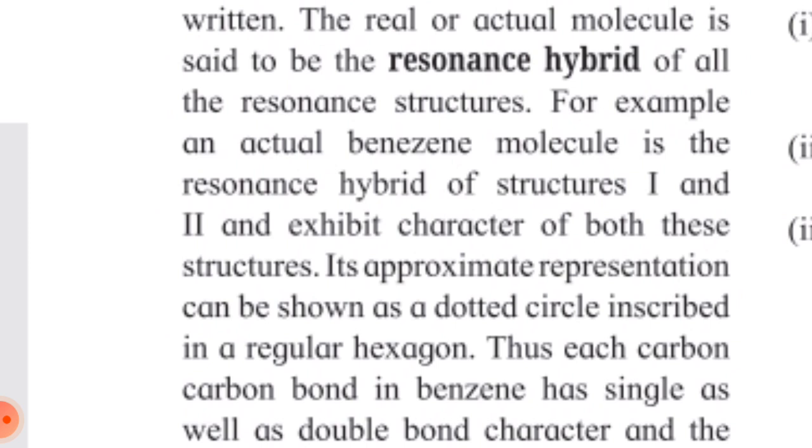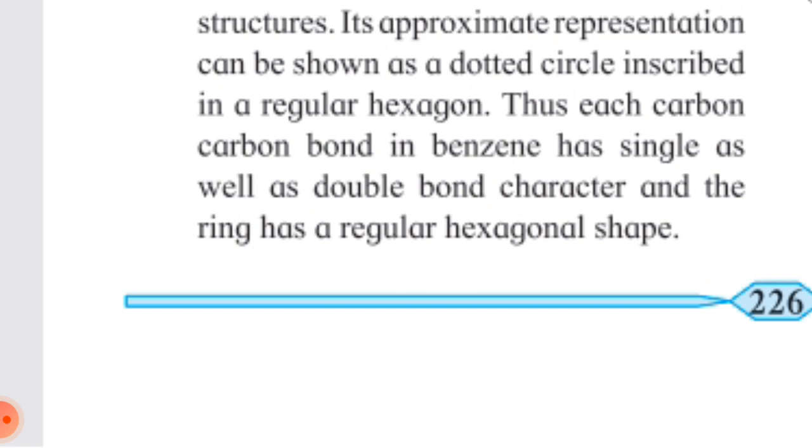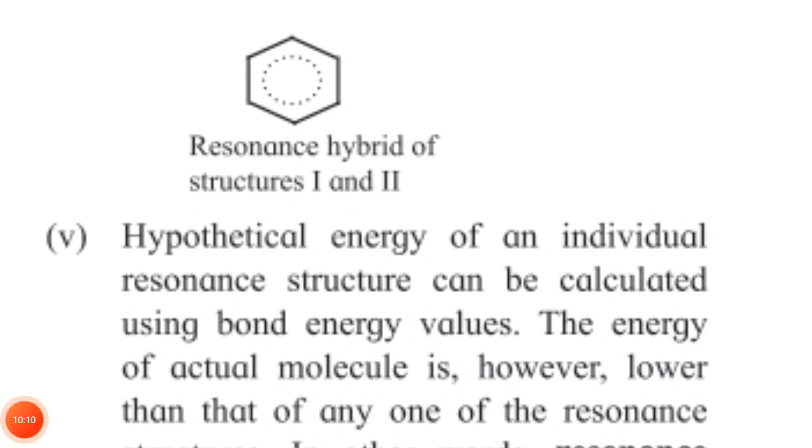For example, an actual benzene molecule is a resonance hybrid of structures 1 and 2 and exhibits the character of both these structures. Its approximate representation can be shown as a dotted circle inscribed in a regular hexagon. Thus, each carbon-carbon bond in benzene has a single as well as double bond character, and the ring has a regular hexagonal shape. Resonance hybrid of structures 1 and 2.